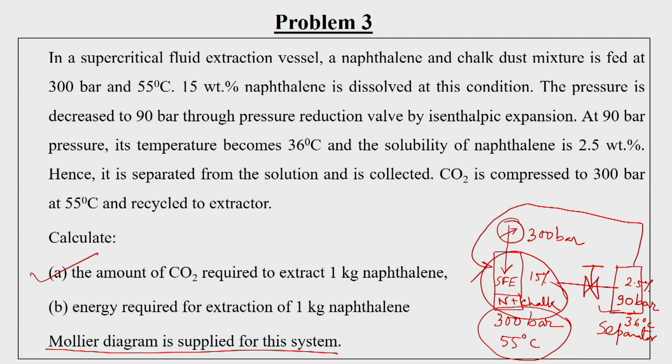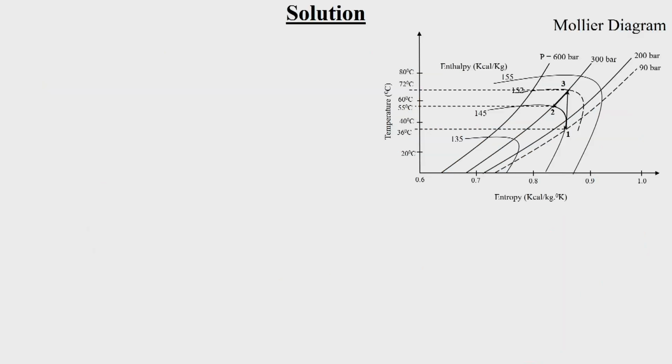Entropy versus temperature is plotted here, and you see the enthalpy lines: 155 kilocalorie per kg, this one 145 kilocalorie per kg, and this 135 kilocalorie per kg. And these are the pressure lines.